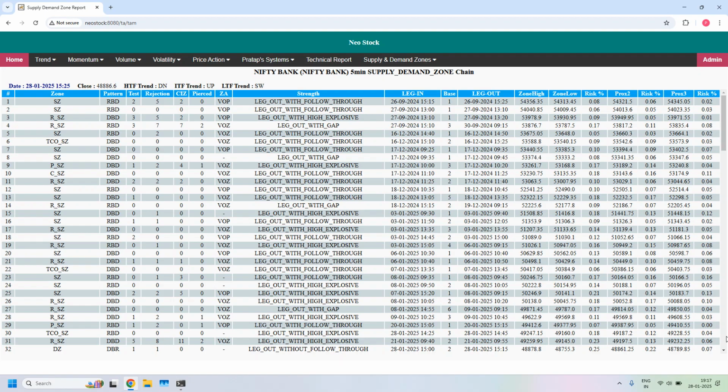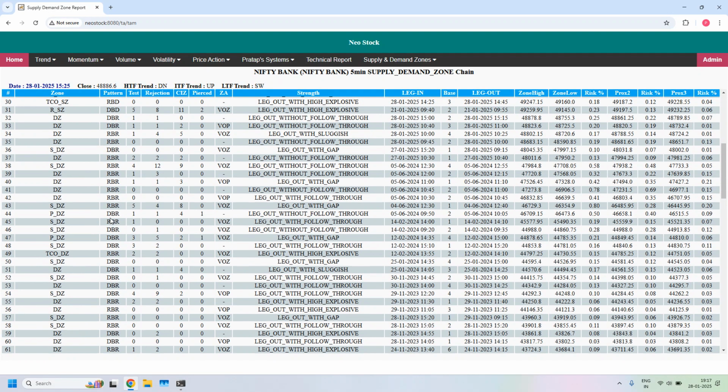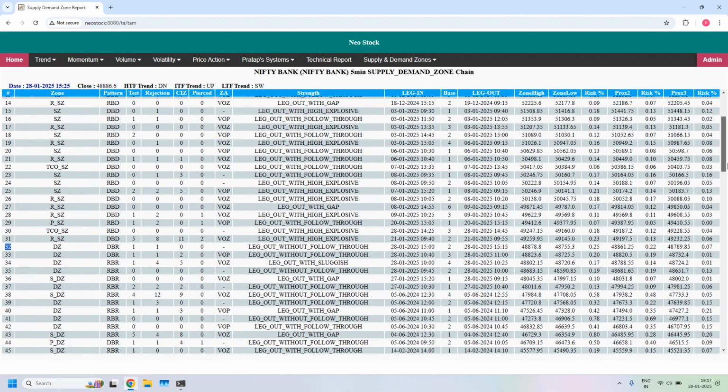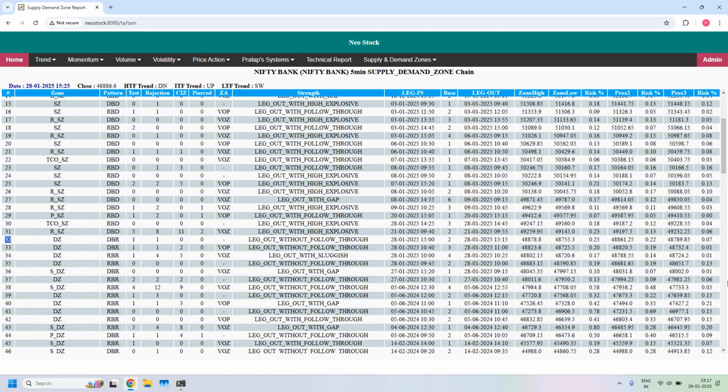So let me scroll the list down. 32nd is the demand zone. Let me put it in the center. 31 and 32 serial number, they are the nearest to the current closing price. So this is about BANKNIFTY supply demand zone chain.